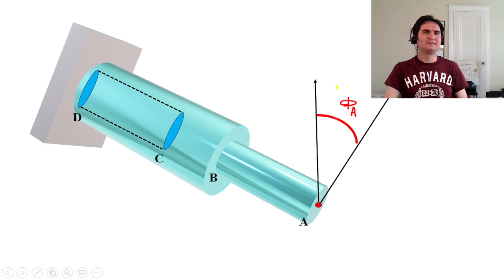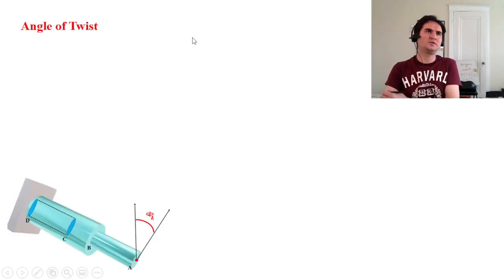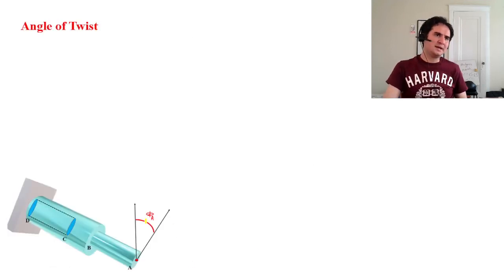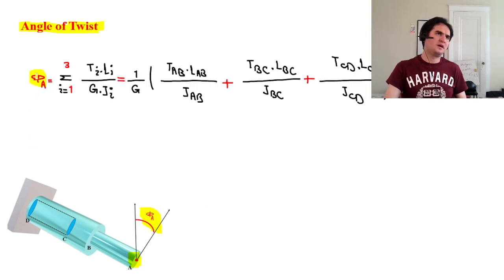Let's see how that is. Again, because D is fixed, phi A is the total rotation from A to D. Let's put them all together to see how it goes. So this is the angle of twist or angle of torsion phi A, and that's just a summation of three different parts, the summation over i of Ti Li over G Ji, with the same material, steel.